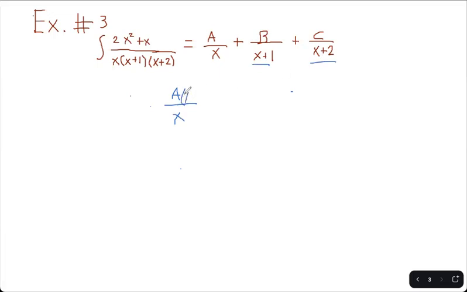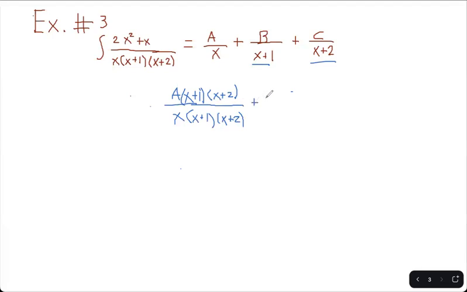So A gets multiplied by X plus 1, right? Then multiply the top and bottom, right?